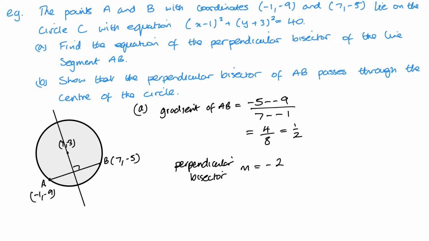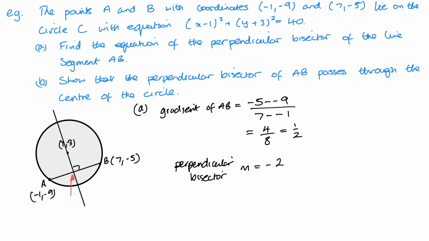Now, normally we would use the coordinates 1 and minus 3 to find the equation of this straight line, but we can't use 1 and minus 3 because clearly we're going to have to use that in part B to show that it goes through the center of the circle. So what we need to do is use the midpoint of AB.